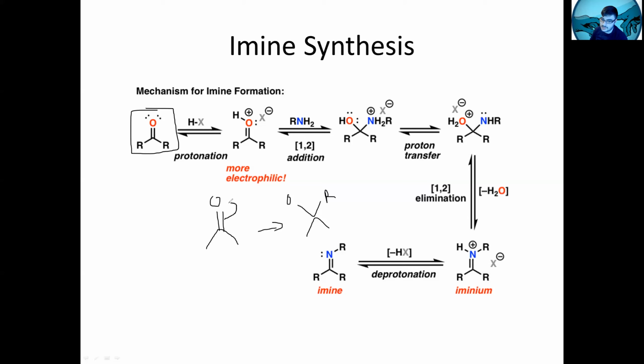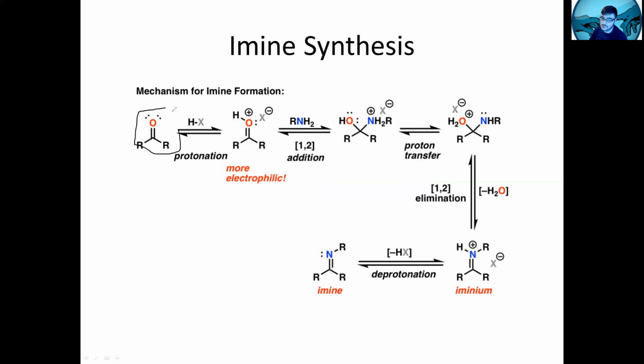Remember, the way this works is this goes like here, so you get an O negative, and then a C. This C right here is a positive, and then something negative will attack the positive carbon, and it'll form the tetrahedral intermediate, and then this O will get an OH, which will cancel out the negative.